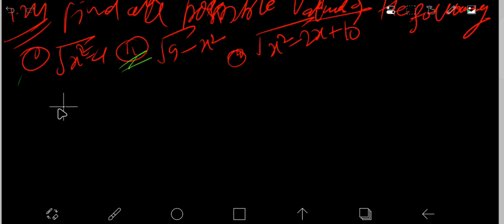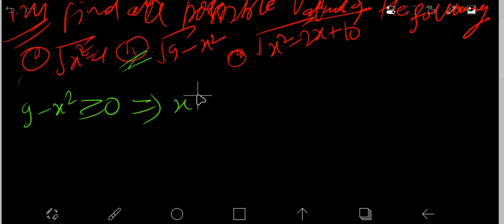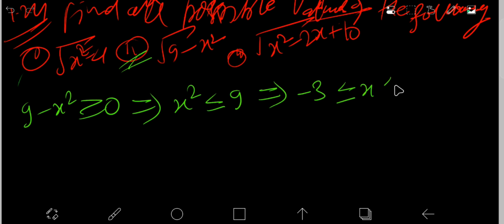Okay, firstly we know 9 minus x square is greater than or equal to 0. So here we get x square is less than or equal to 9. Means here x contains minus 3 to 3. From here one condition we get.